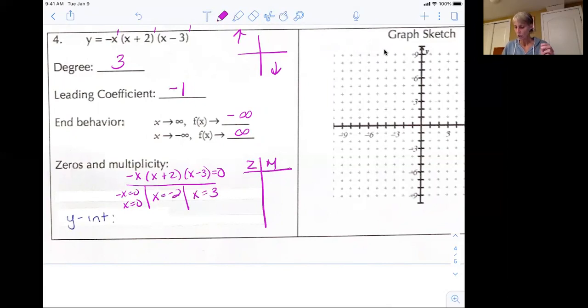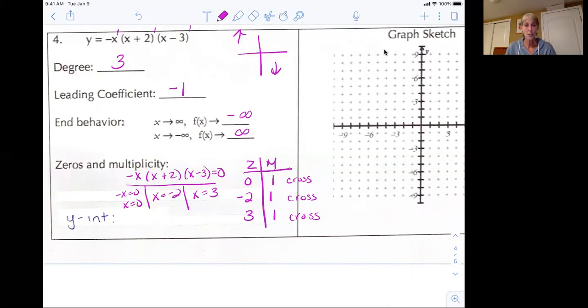Each factor, so 0 has a multiplicity of 1. -2 has a multiplicity of 1. It's how many times that factor occurs. And 3 has a multiplicity of 1. So at each of these x-intercepts, my graph is crossing or cutting, however you want to describe it.